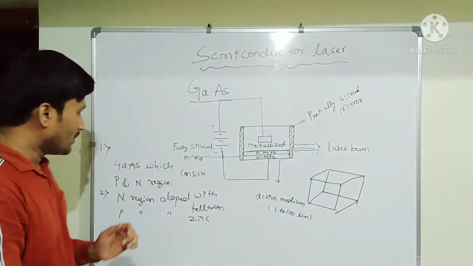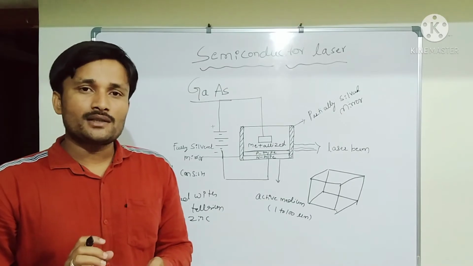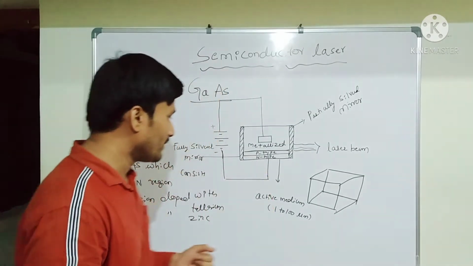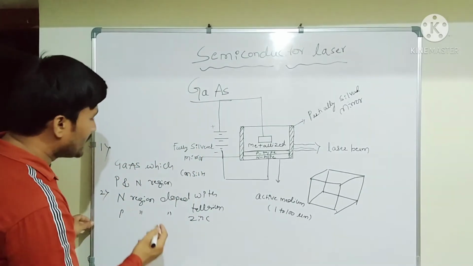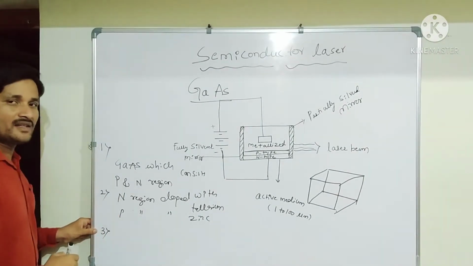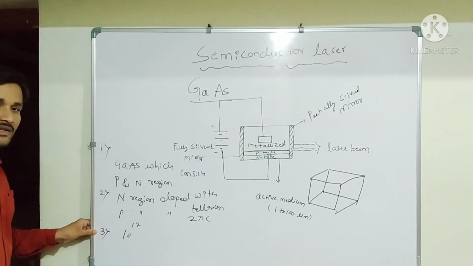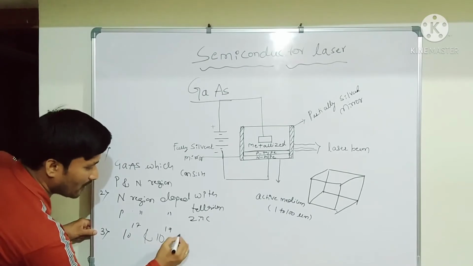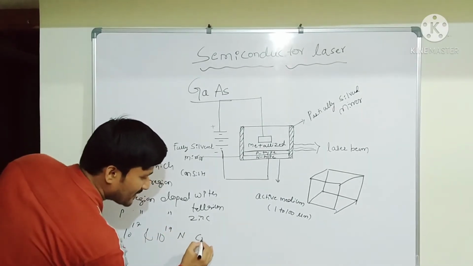Now if we are doping tellurium and zinc inside the gallium arsenide, there will be some concentration of those dopants. So our third important point is the concentration. The concentration is 10 to the power of 17 for the P region, and 10 to the power of 19 for the N region, in per centimeter cube.